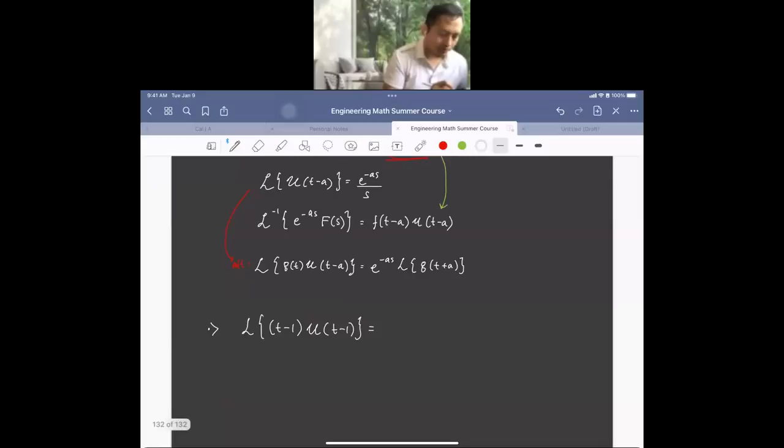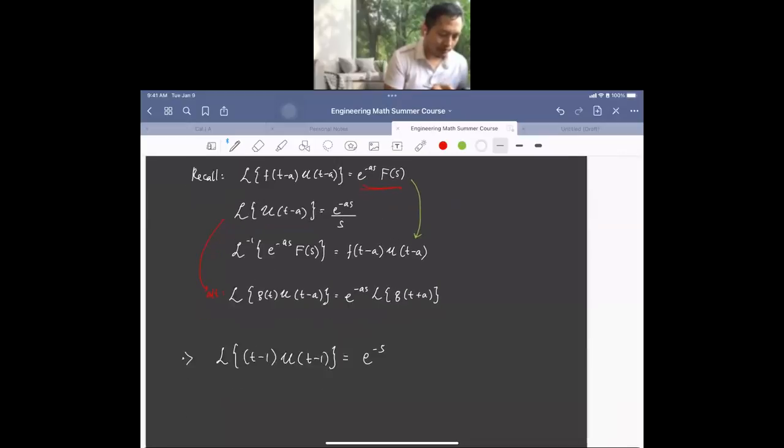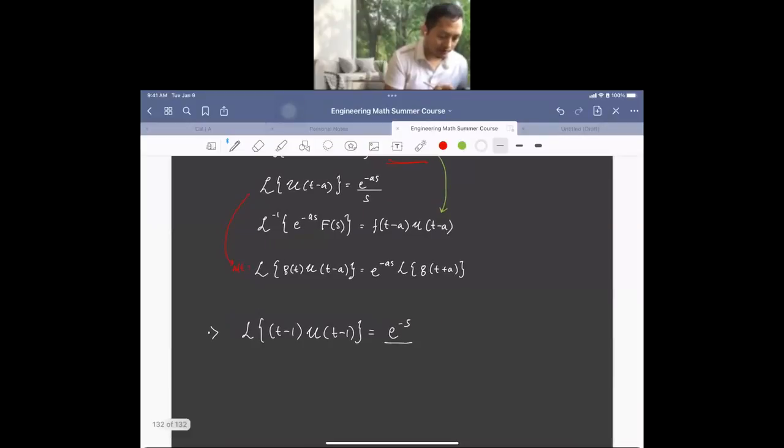So we have e to the minus a s, where a is 1, so e to the minus s, and then divide by s squared, right?